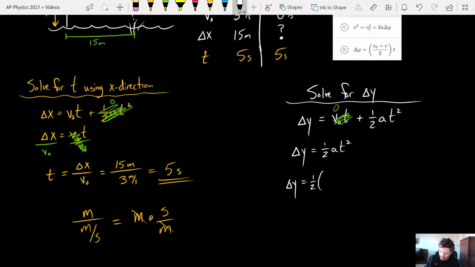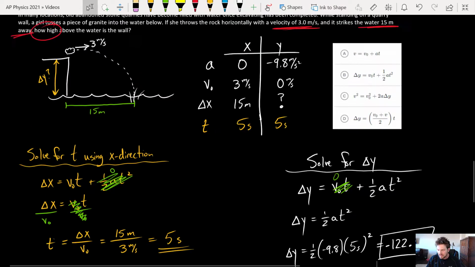So 1/2, negative 9.8, the time was 5 seconds squared. Multiply all that good stuff out, and we get a delta y vertical displacement of 122.5 meters. Now notice this answer would be negative.